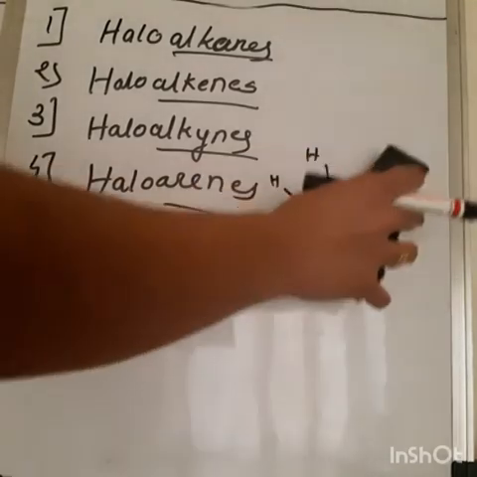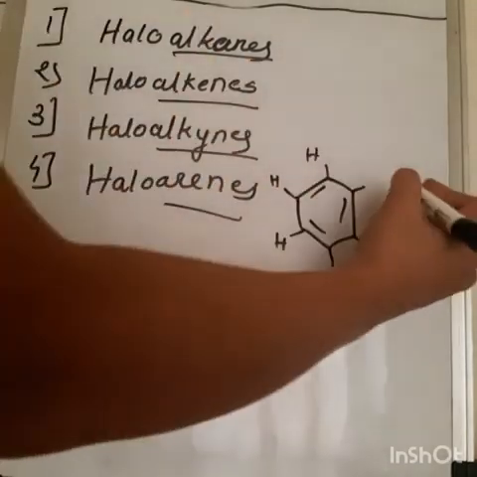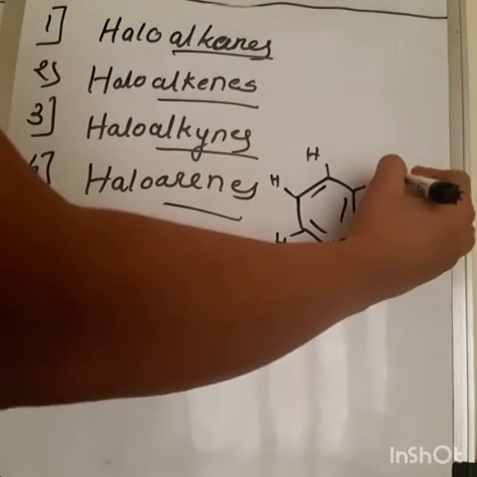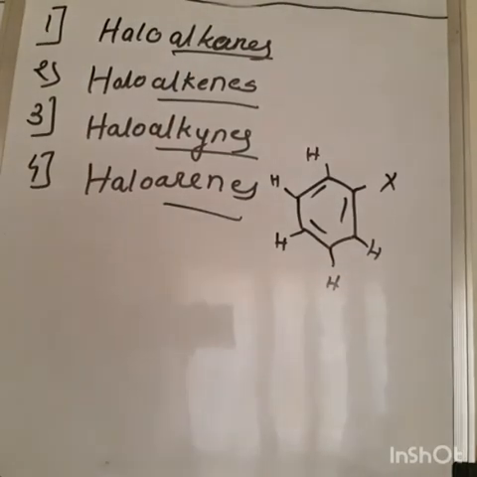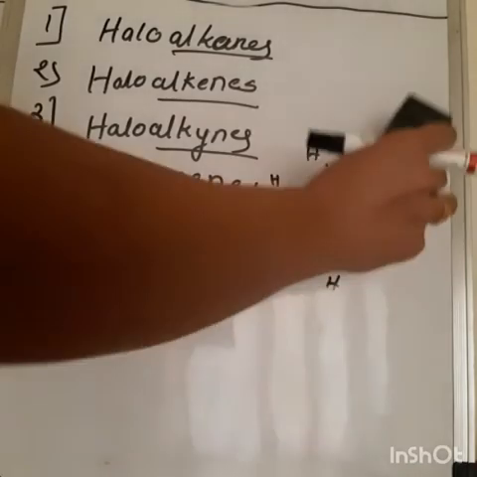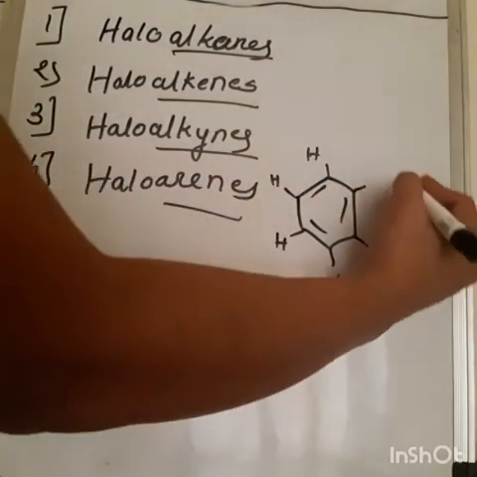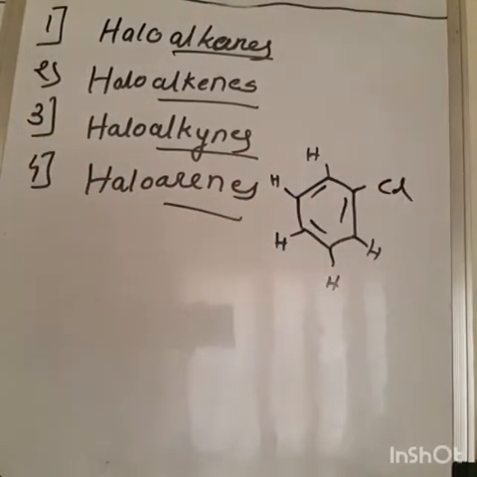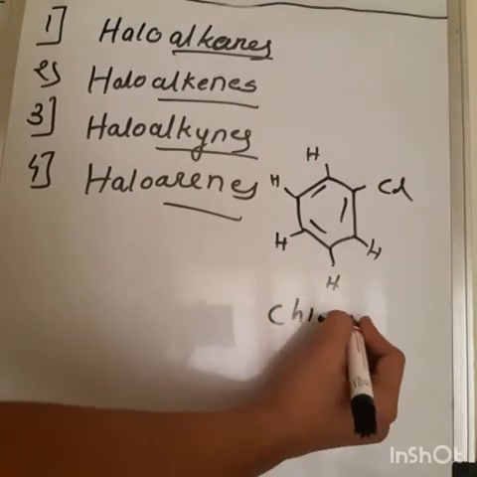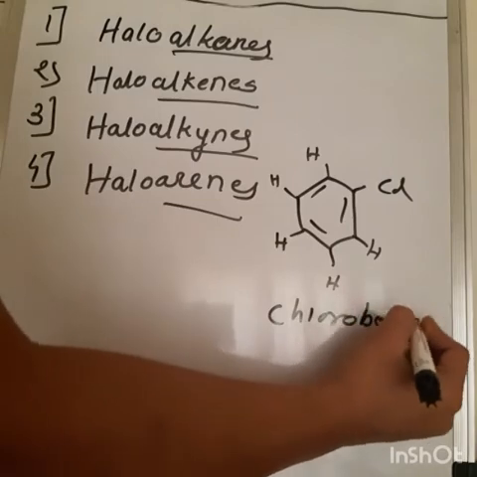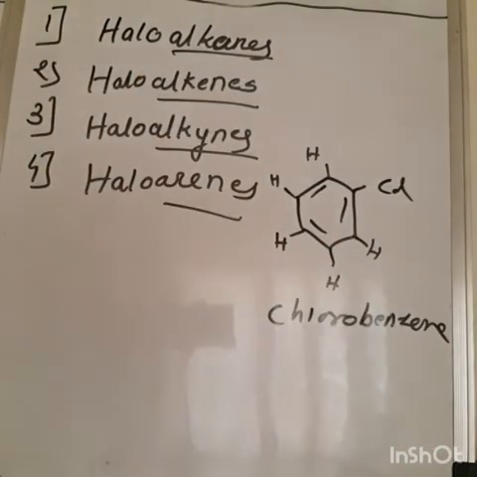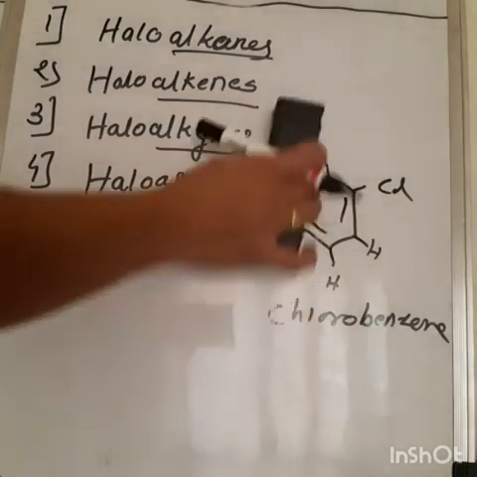When one of these hydrogens is replaced by any halogen, it becomes a haloarene. Let's see an example with chlorine. Now this compound is known as chlorobenzene. So this is the classification of halogen derivatives based upon the hydrocarbons.